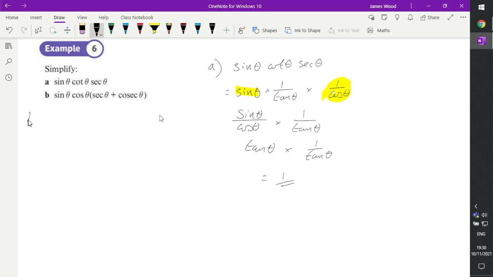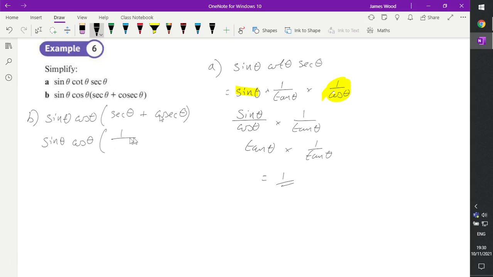For the second one, sine theta cos theta times sec theta plus cosec theta. So again, I think the first thing to do here is probably just to rewrite them in terms of sine and cos. So sine theta, cos theta, they're fine, they can stay.